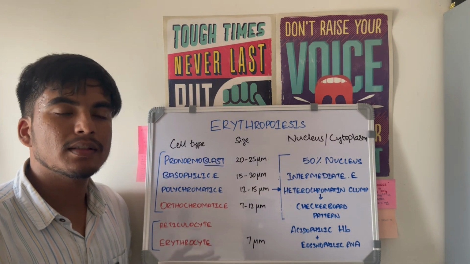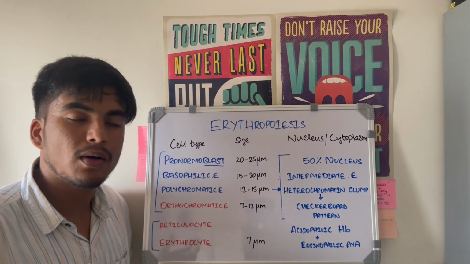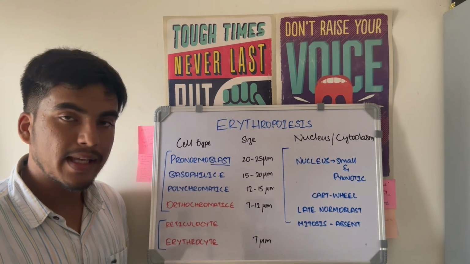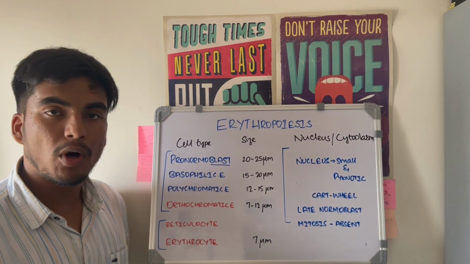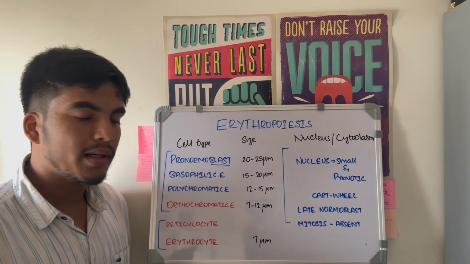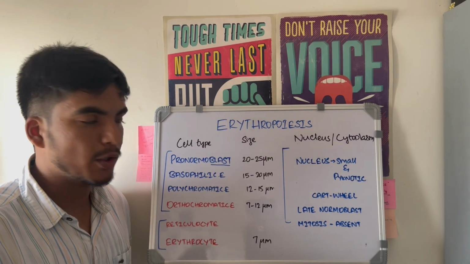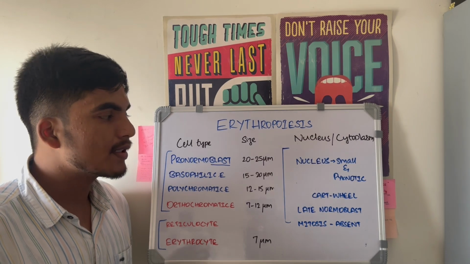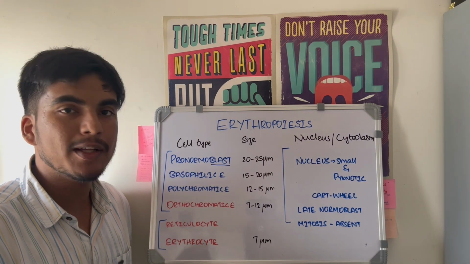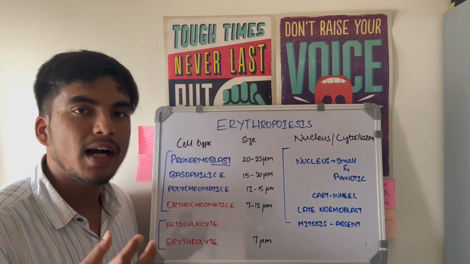This polychromatic erythroblast in turn gives rise to the orthochromatic erythroblast. The orthochromatic erythroblast is next in the erythroid series, formed from the polychromatic erythroblast. The cell size of this orthochromatic erythroblast is 7 to 12 micrometers. The nucleus is small and pyknotic. Chromatin organization inside the nucleus gives a peculiar appearance to this cell, which is the cartwheel appearance.